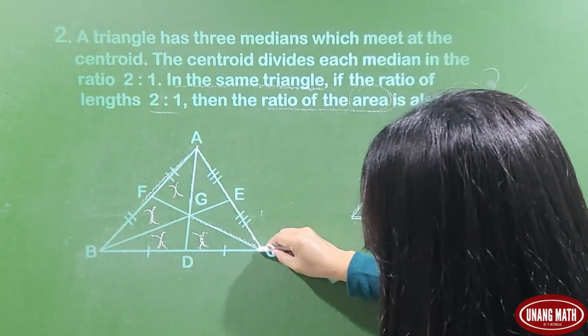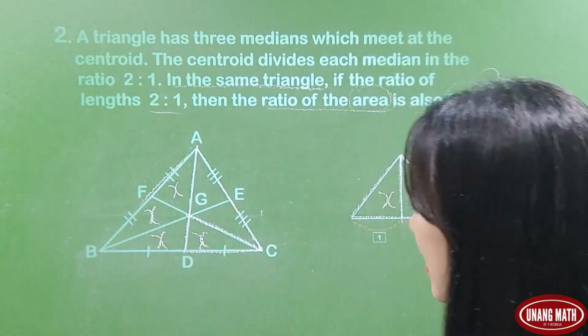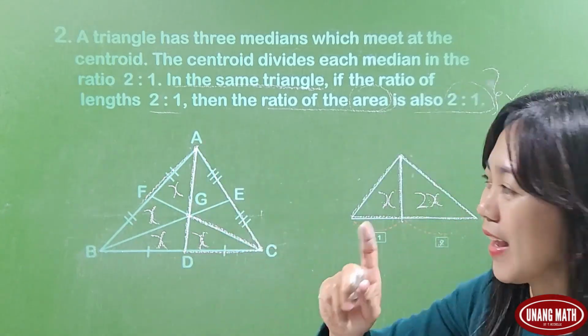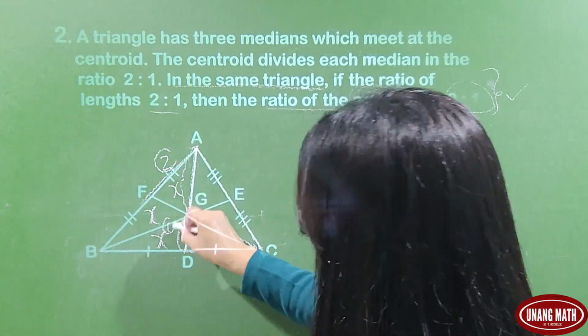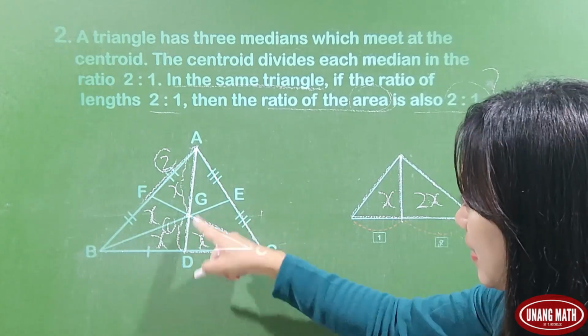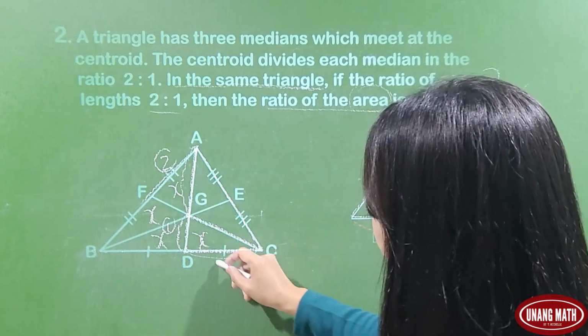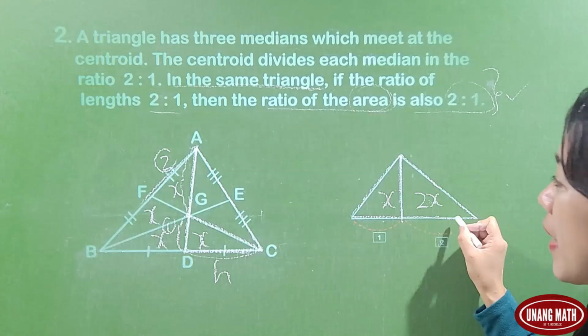For triangle AGC, let's consider triangle CDG. AD is a median, and again, this is in the ratio 2:1. These two triangles, AGC and CDG, have the same height, the same as a while ago.